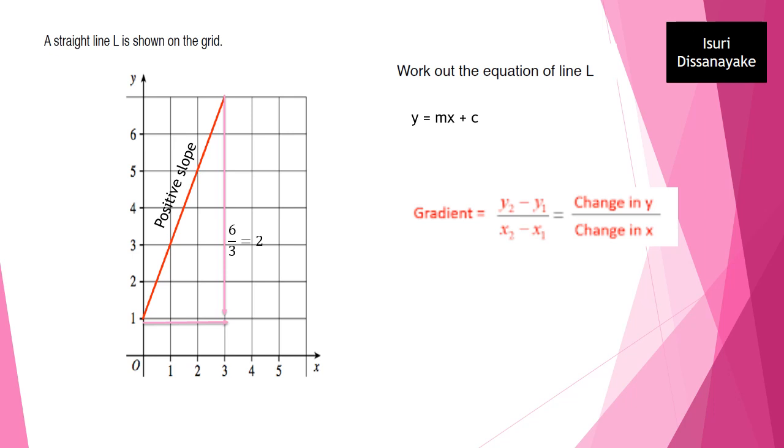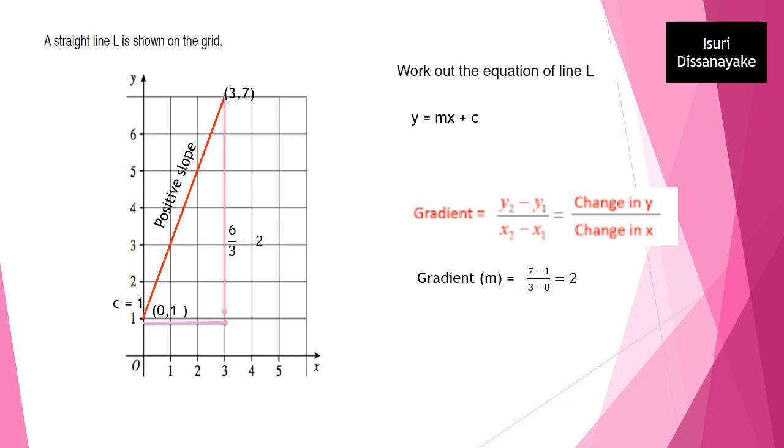So the gradient is 2. Also you can use the formula y2 minus y1 over x2 minus x1. For that we are going to pick two coordinates from the straight line, that is 3, 7 and 0, 1. You can pick any two coordinates and substitute the values into the equation, and the gradient of the straight line is 2.